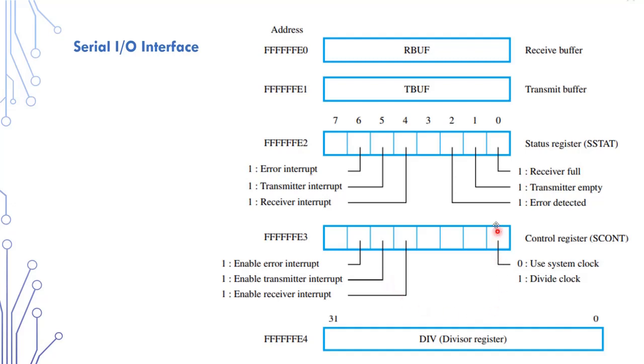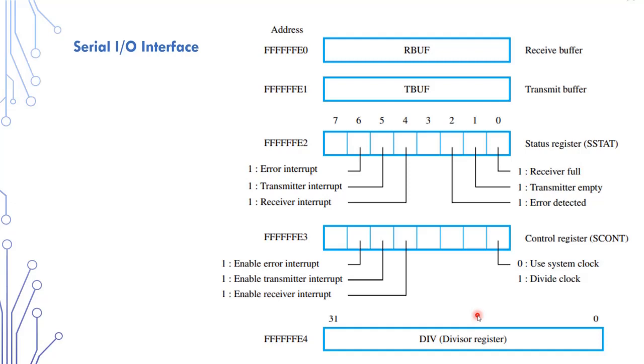If SCONT 0 is set to 0, then the transmit clock is the same as the system or processor clock. If SCONT 0 is set to 1, then a low frequency transmit clock is obtained using a clock dividing circuit. The last register in the serial interface is the clock divisor register, or DIV.